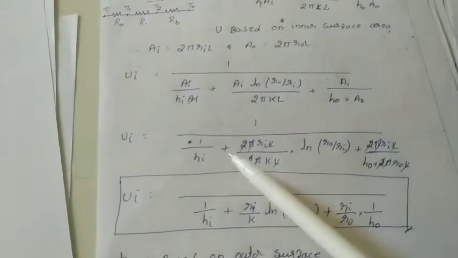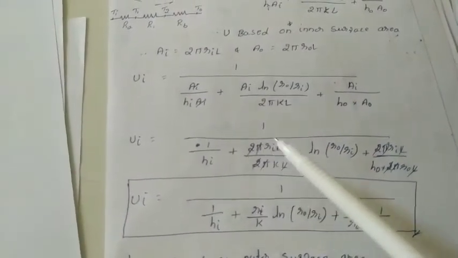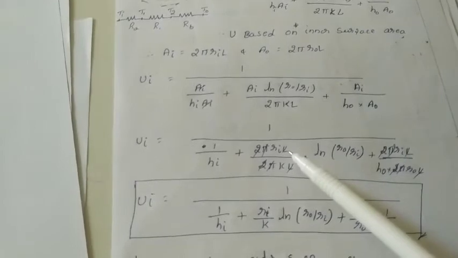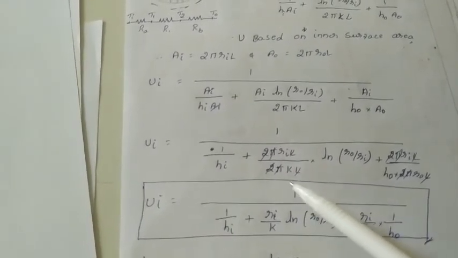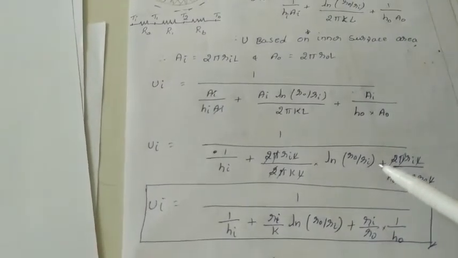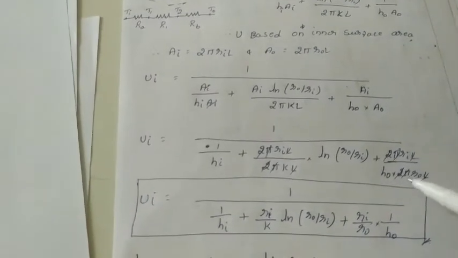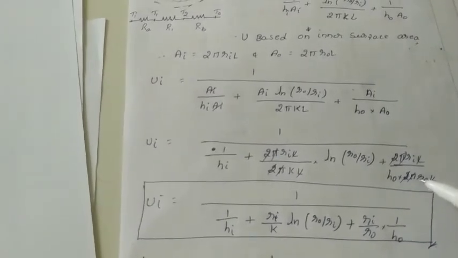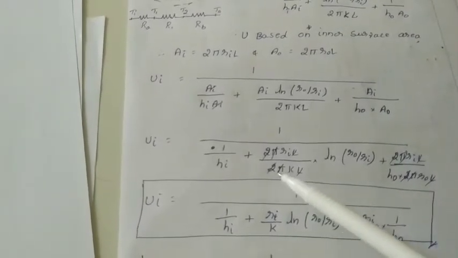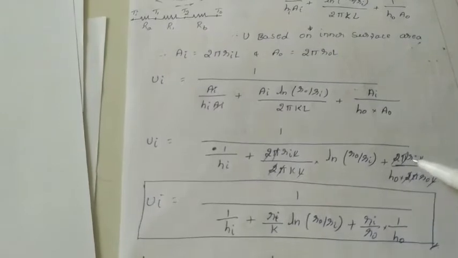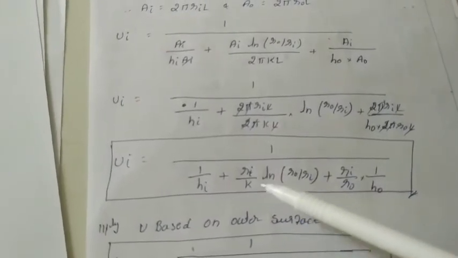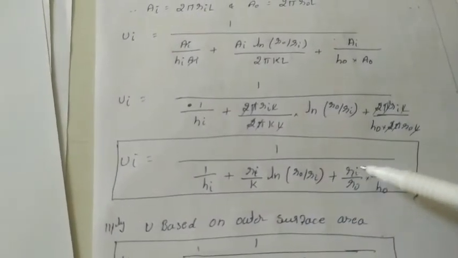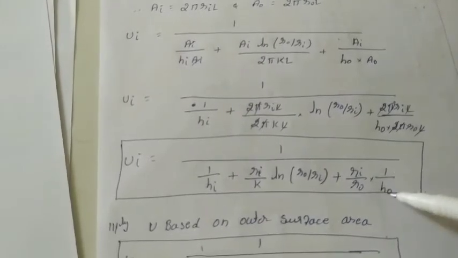So remaining is 1 divided by 1 by Hi plus 2 pi Ri L divided by 2 pi KL into ln of R0 by Ri, plus 2 pi Ri L divided by H0 into 2 pi R0 L. Within that 2 pi L cancels, and here also 2 pi L cancels. What remains is 1 divided by 1 by Hi plus Ri by K ln of R0 by Ri plus Ri by R0 into 1 by H0.